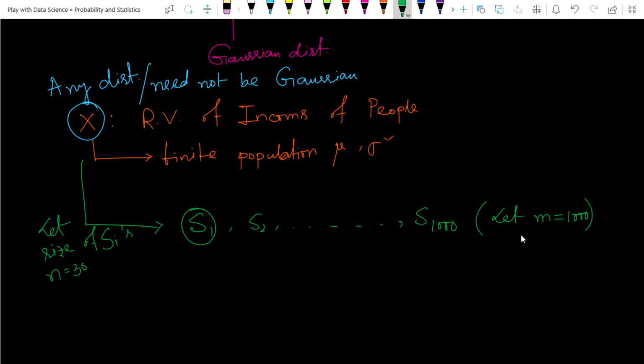So how many total points have we collected? We have collected 1000 samples, and each sample is of size 30, so we have collected 30k such data points.